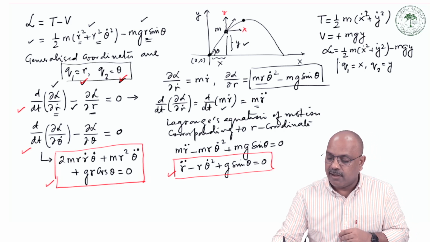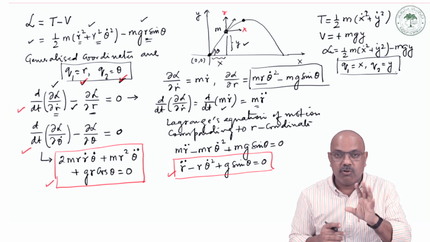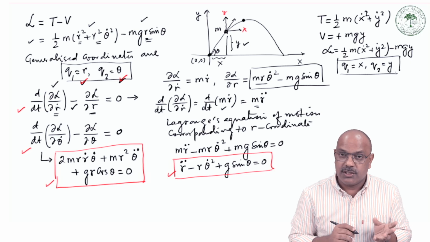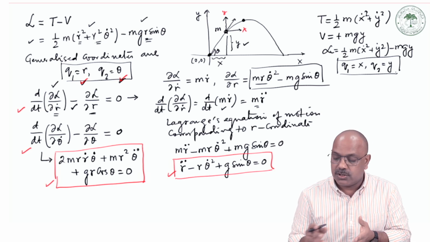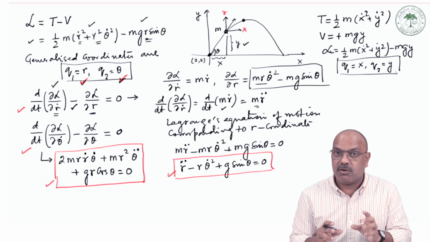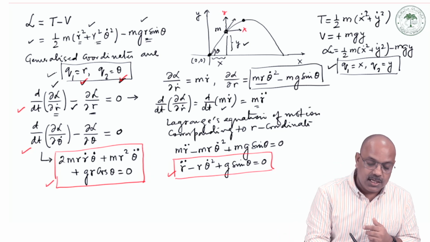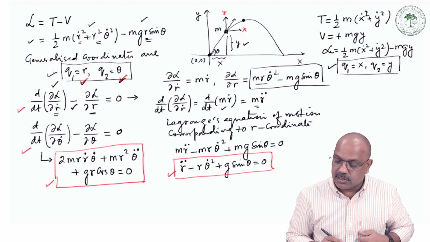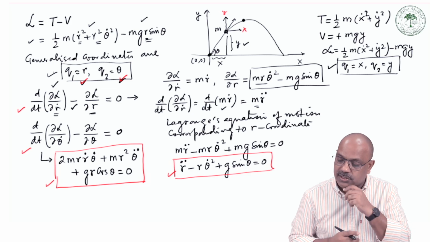If you remember, when we discussed degrees of freedom and generalized coordinates, the degree of freedom is 2 here, but the generalized coordinate is not unique. The generalized coordinates in this case are x and y; in the other frame they are r and theta. So now let us calculate the equations of motion for this projectile in the Cartesian system.